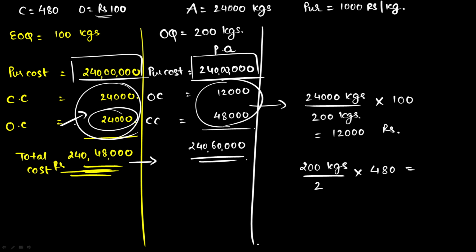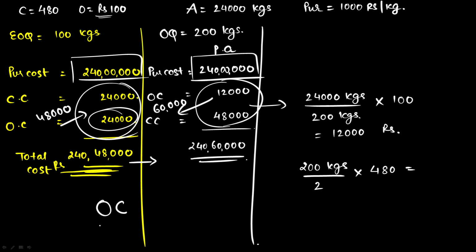What was total over here? 48,000. What was total over here? 60,000. So I want to reduce this cost. Which is this cost? Carrying cost plus ordering cost. That is the portion which I want to reduce. Let me introduce one new name.